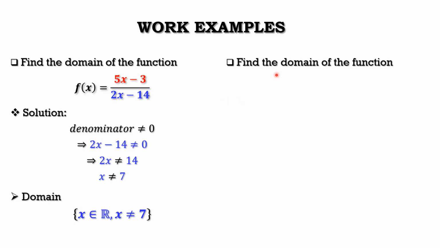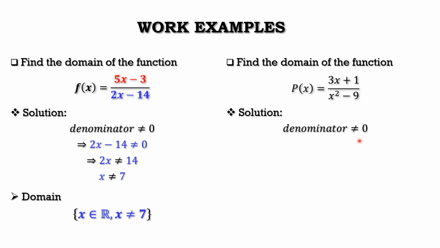So we have to also find the domain of the function p of x equal to 3x plus 1 divided by x squared minus 9. So in doing that, we need to set the denominator not equal to 0. So here we are going to write x squared minus 9 not equal to 0.